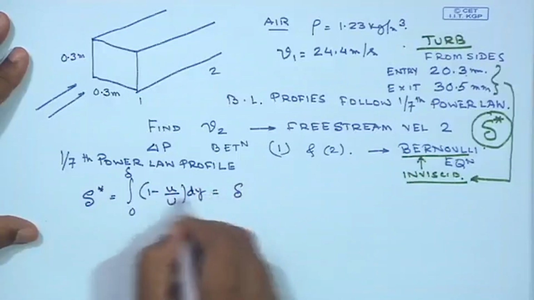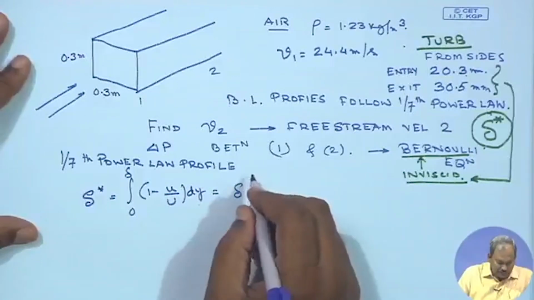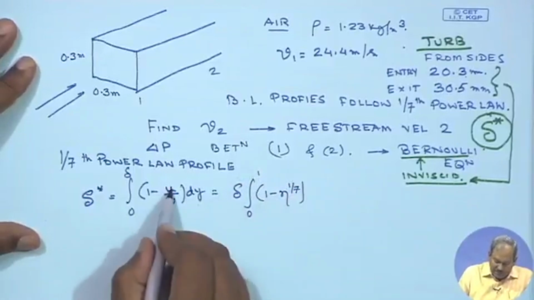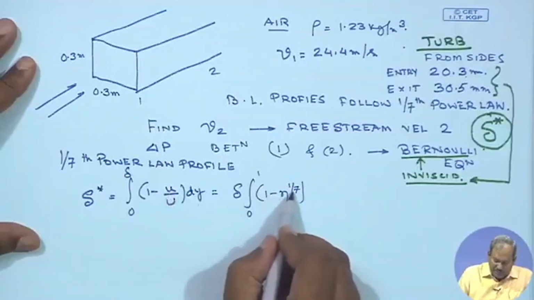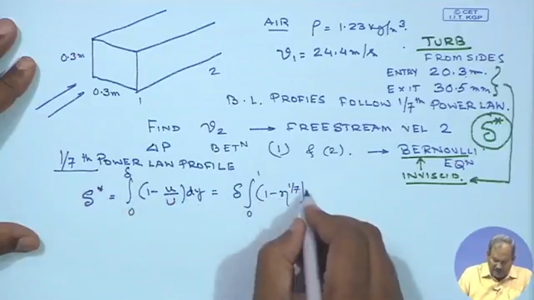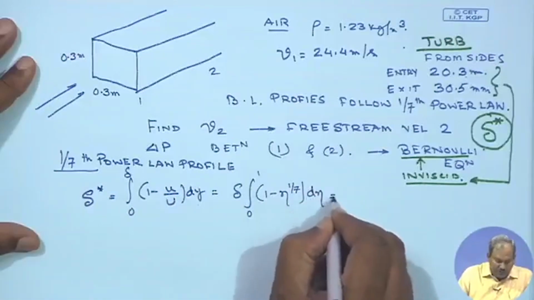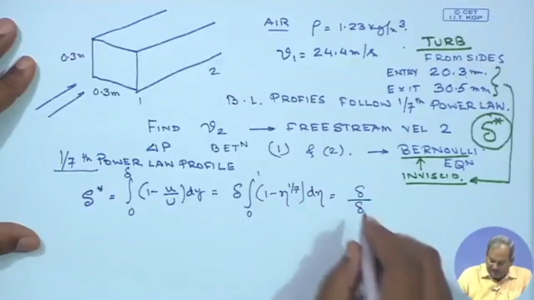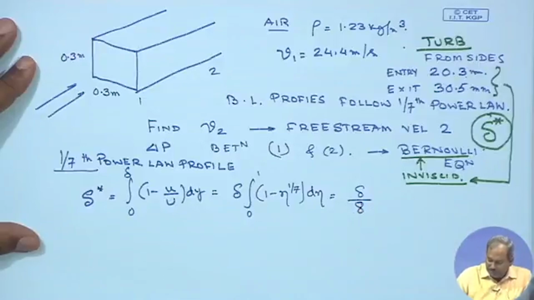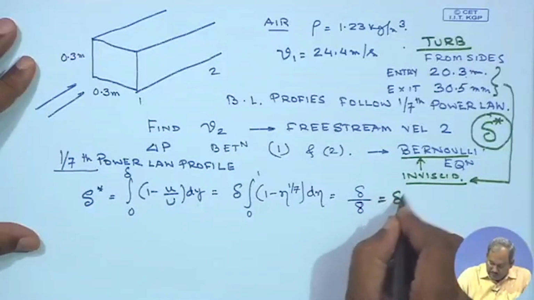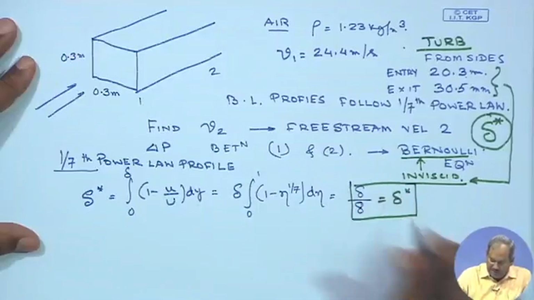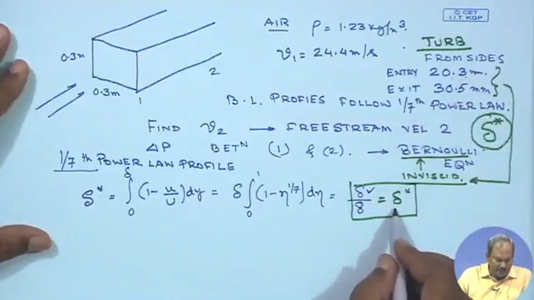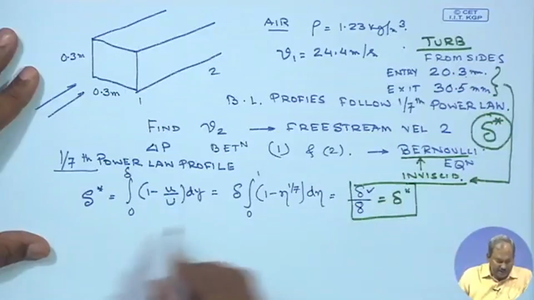If I take delta outside, it becomes the integral from 0 to 1 of (1 minus eta to the power 1/7), because u by U is eta to the power 1/7, since it is 1/7 power law, as I have mentioned before. If you perform this integration, you would see that delta star is going to be equal to delta by 8. Okay. You know the values of delta at these 2 points, so you know the values of delta star at these points.